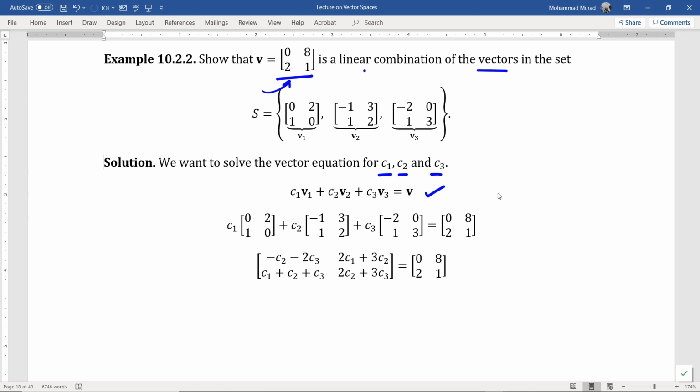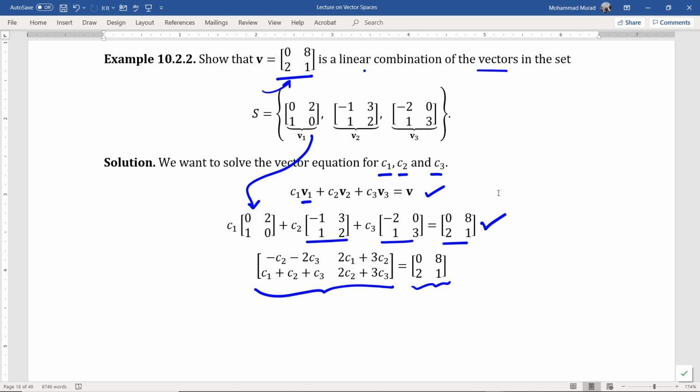Now, if we replace the vector V sub 1 by the matrix here, and V sub 2 by the matrix here, and similarly V sub 3 and V by the matrices as shown, then we get a matrix equation. The left-hand side of this matrix equation can be put into a single matrix, and the right-hand side stays as it is.